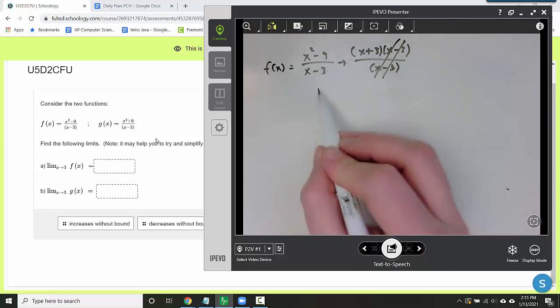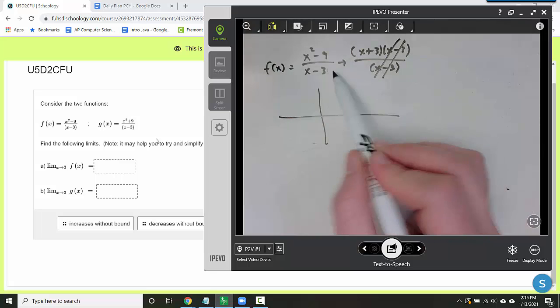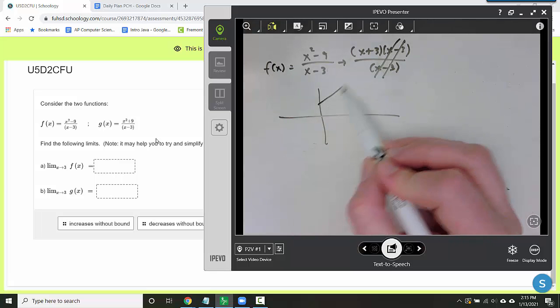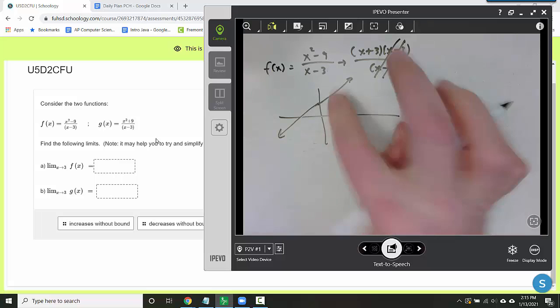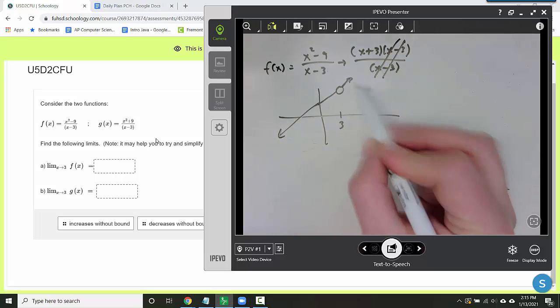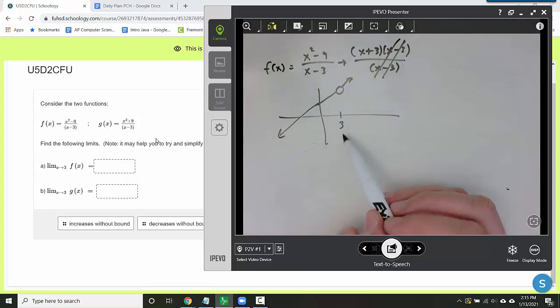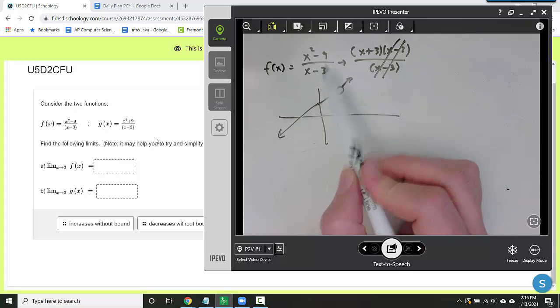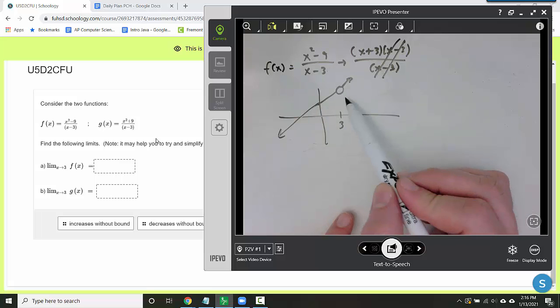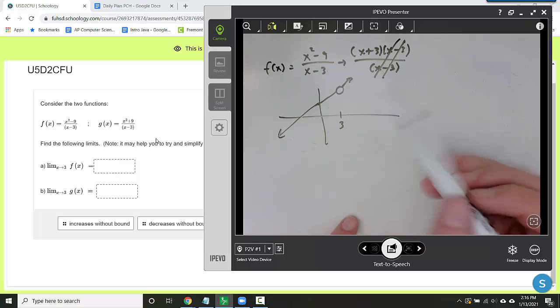So what that means is that this function actually looks like the line x plus 3, except that there's a hole right here at x equals 3. Because if I plug in x equals 3 to the original function, you get 0 over 0, which is this removable discontinuity. Okay, so that was f.